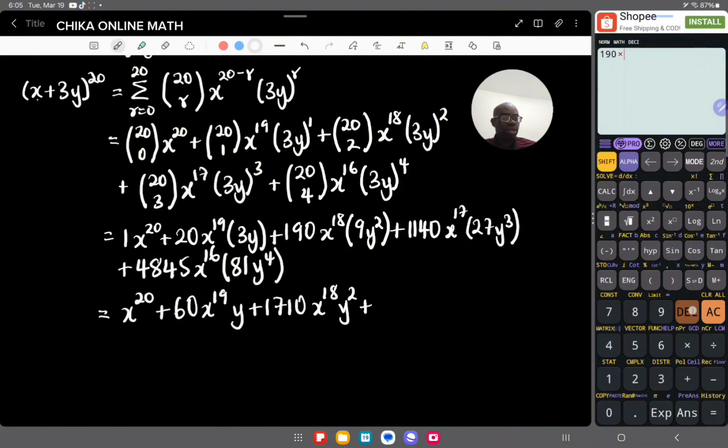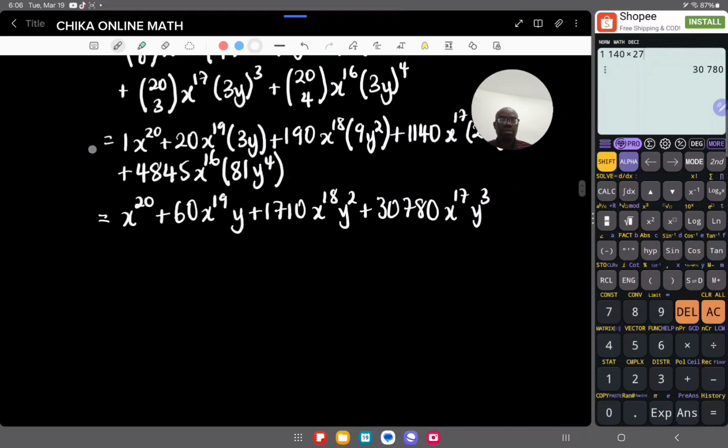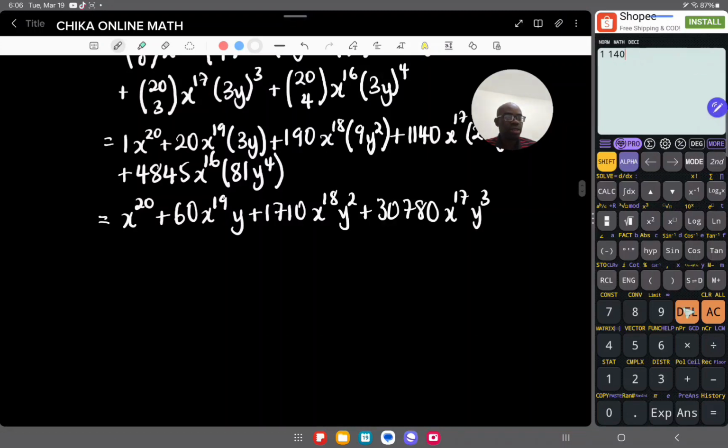Plus, next we have 1140 times 27, okay, for this multiplication. So it will give us 30,780. So we have 30780 x to the power 17 y to the power 3, okay? Then the last multiplication, we have 4,845 times 81, okay?